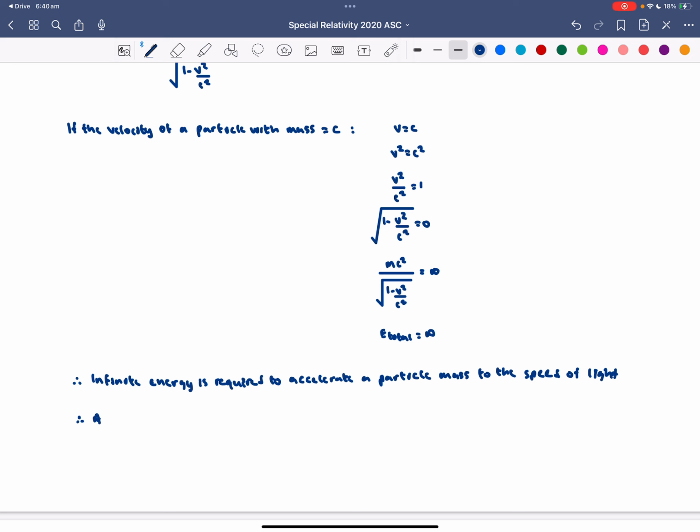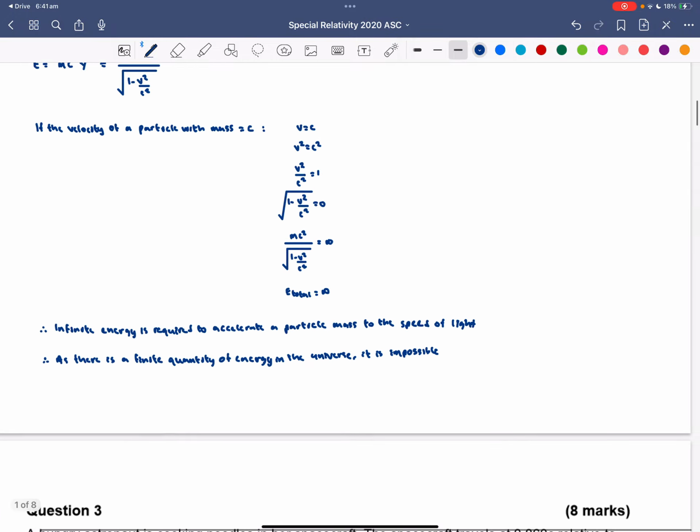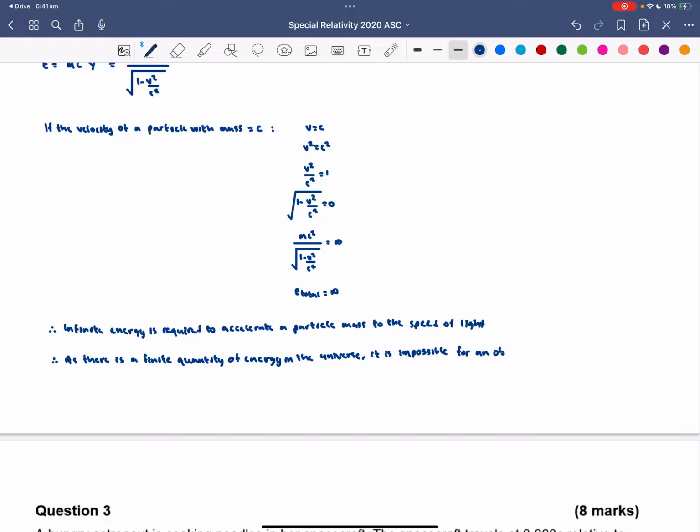So therefore, as there is a finite quantity of energy in the universe, it is impossible for an object with mass to reach the speed of light, or to be accelerated to the speed of light. That's it. Simple as that.